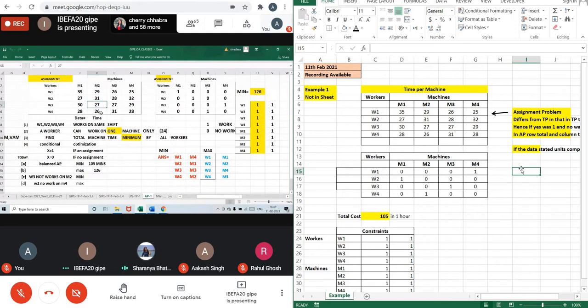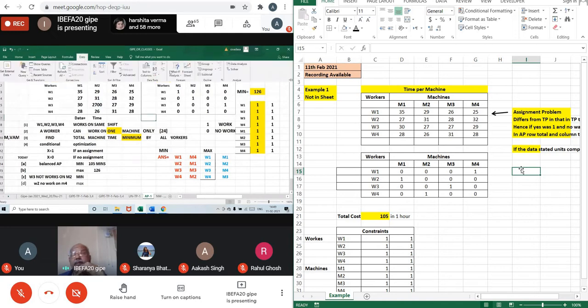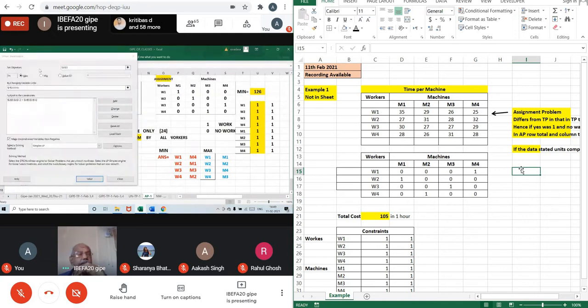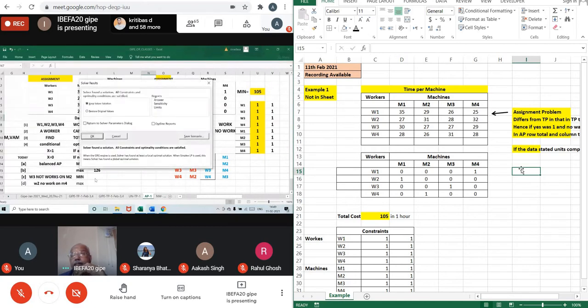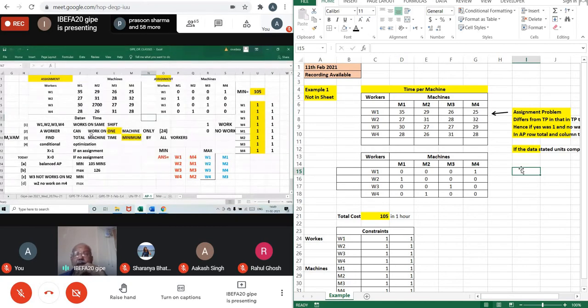We will increase the number of minutes taken by that. Correct. So give a large number of minutes. Now let us see the allocations. Again 105 minutes, and the worker will never get M2.